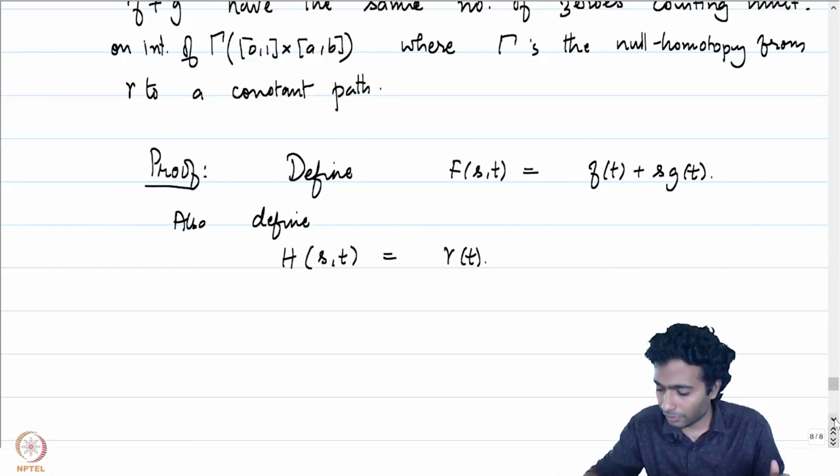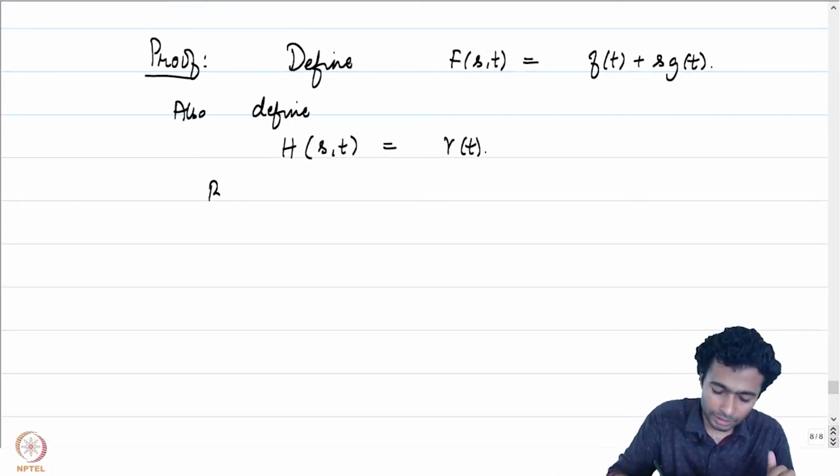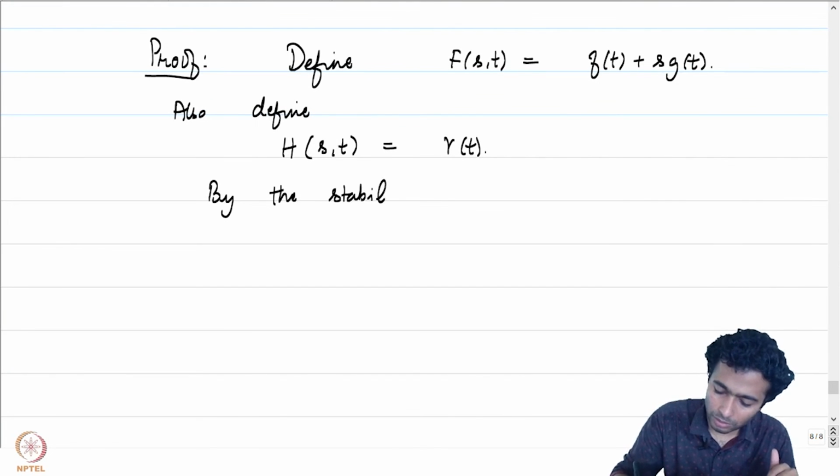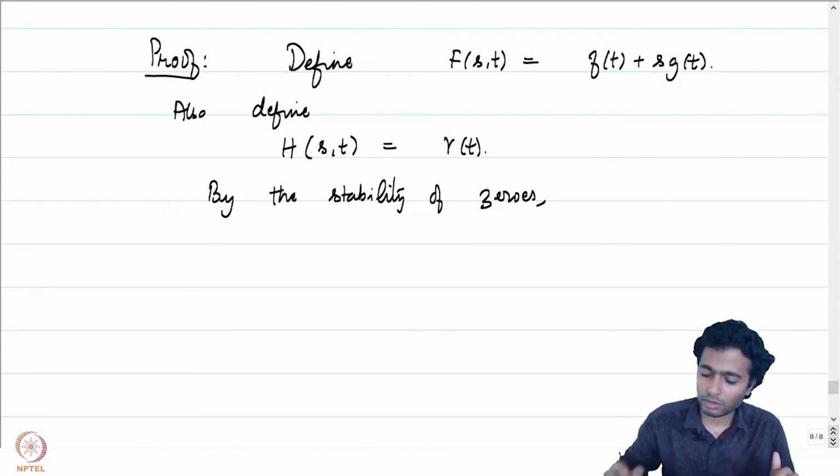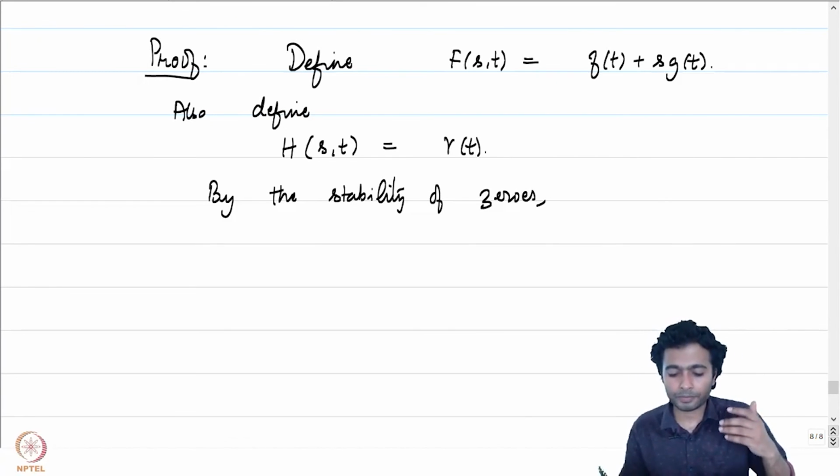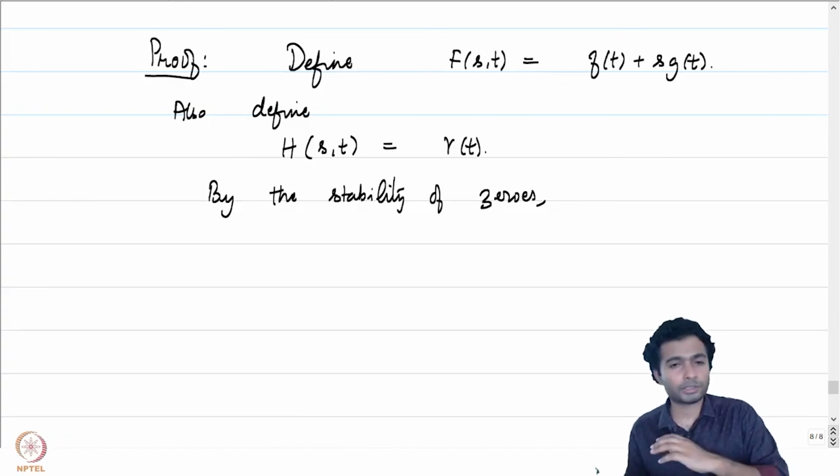And now if we are to apply the stability of zeros, you can note that F of s comma H of s comma t is not going to be 0.